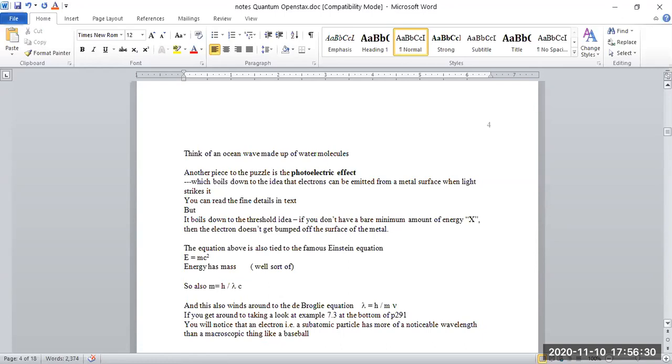So if you shine a light, probably a bright light, on the metal surface, you can start bumping electrons off. Now it has a threshold, okay? If you have a wimpy light bulb and it doesn't have a lot of power to the light, the ability to bump those electrons off kind of doesn't happen.